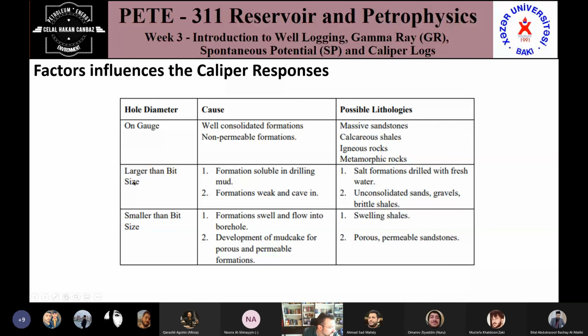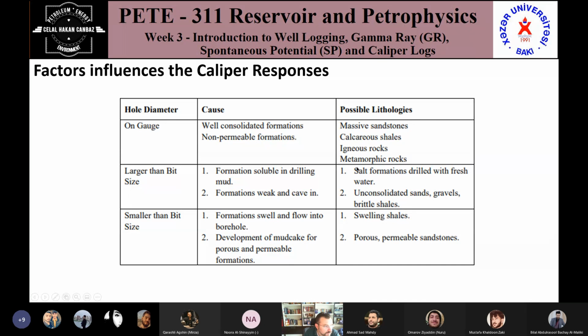If your hole diameter is larger than the bit size, formation soluble in drilling mud can cause it, and it can cause the formations to be weak and caving.